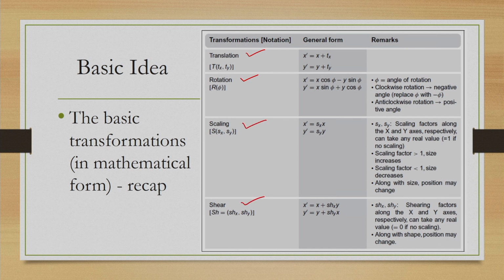Using these 4 basic transformations, we can perform any geometric transformation on any object, either applying any one of these 4 transformations or applying these transformations in sequence, one after another, multiple times and so on. And we discussed these transformations in terms of equations.